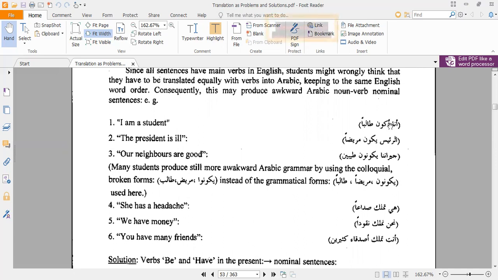إحنا بنحكي أنا طالب، الرئيس مريض، وبالتالي is or verb to be in general هدول verbal sentences in English, but we render them as nominal sentences in Arabic because verb to be and verb to have are deleted if they are auxiliaries.